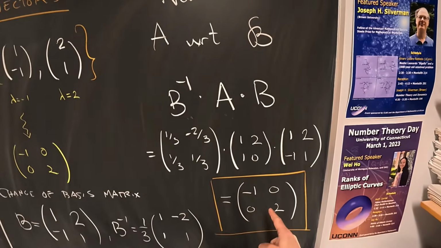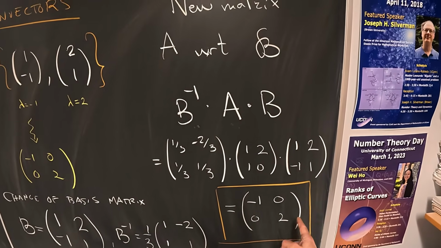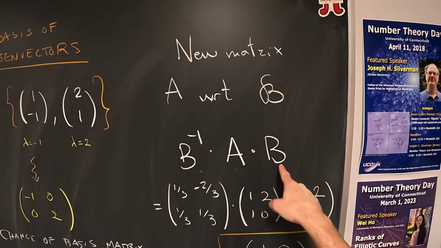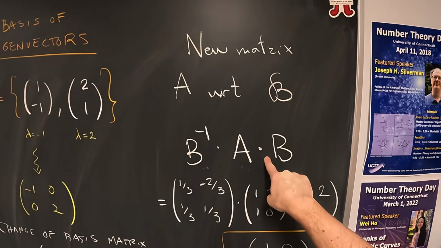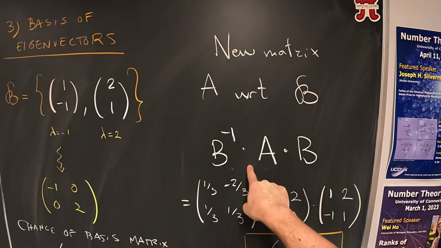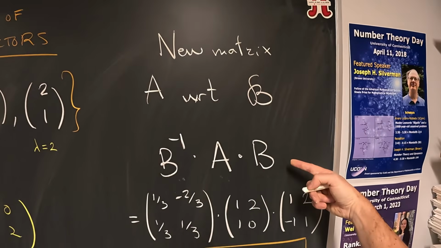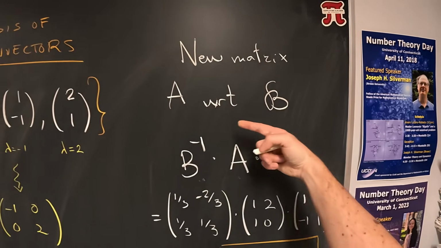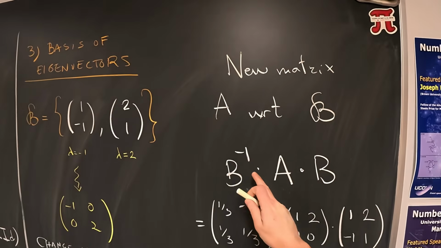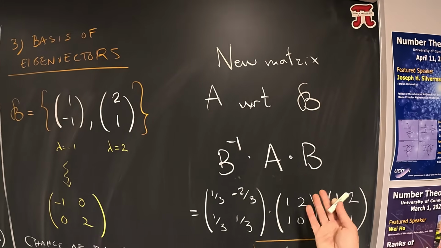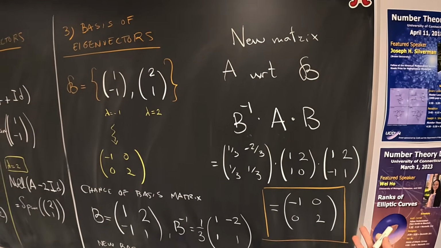This matrix is with respect to the new basis. It takes vectors in the new basis and gives you vectors in the new basis when you multiply. So this is correct because this one takes vectors from the new basis, converts to the old basis, this one goes from old basis to old basis, and this one goes from old basis to new basis. If I had done B times A times B inverse, it would not match.